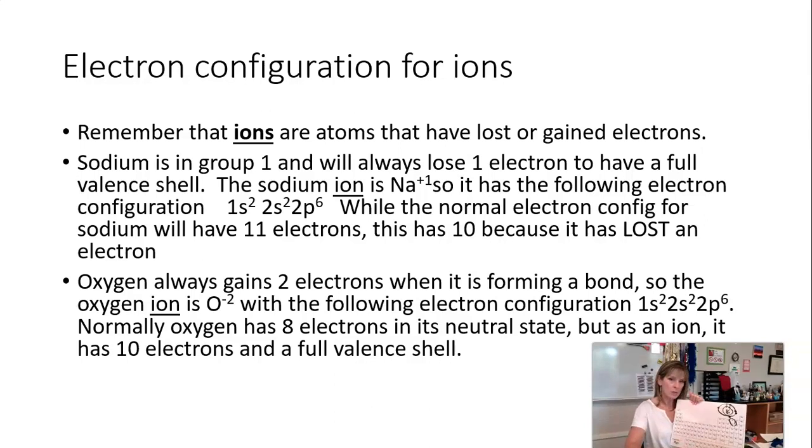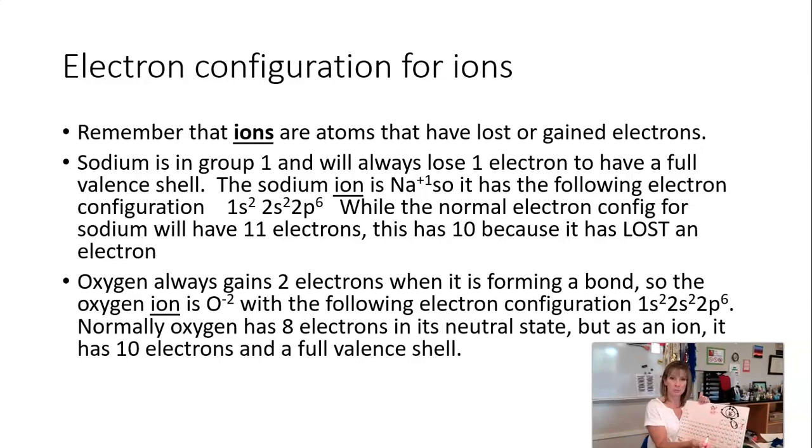Why? Because when it does, it'll have a full valence shell. That's why it likes to gain 2 electrons. If oxygen started out with 8 protons and 8 electrons in its neutral state, and it gained 2 more, it would then have 10.